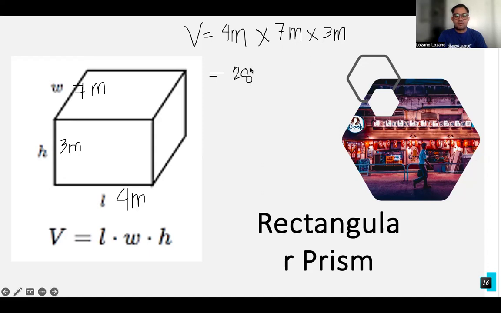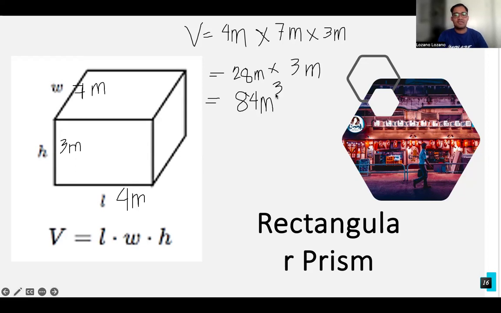28, di pa tayo tapos. 28 meters times 3 meters. So 28 times 3, that is, okay, good. That is 84 meter cube.